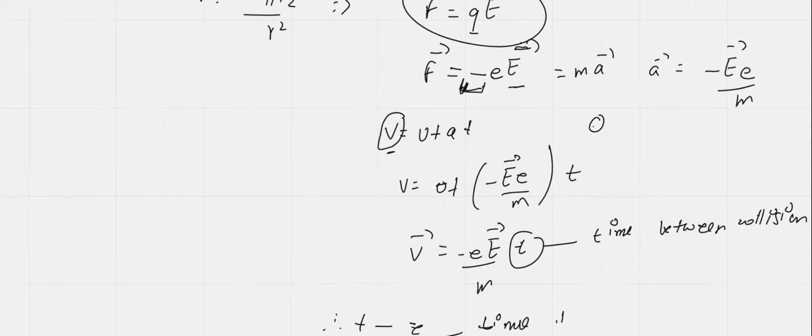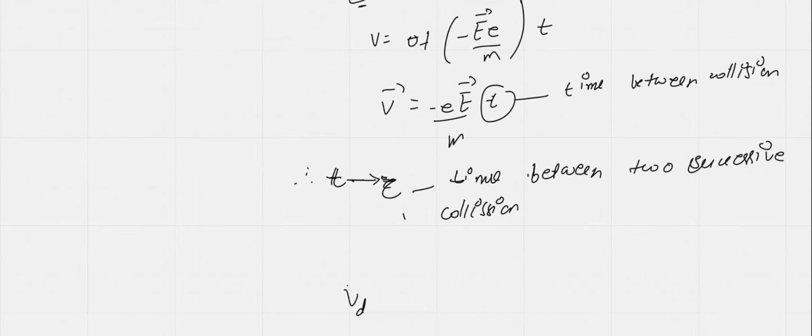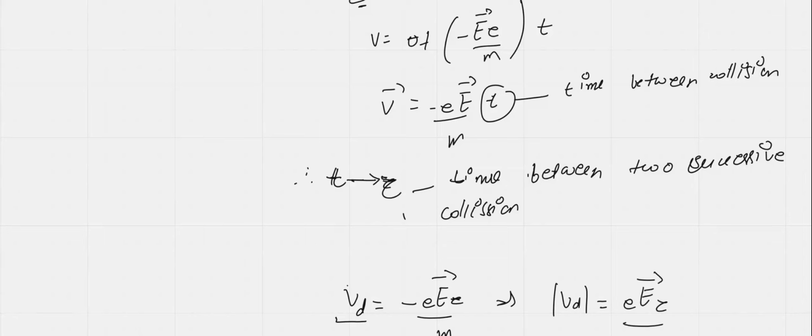So finally, this velocity is nothing but Vd, the drift velocity. You can write it as minus e tau divided by m, times E. For every material this tau is a limited value. So the magnitude of Vd comes out as electric field times e tau divided by m.